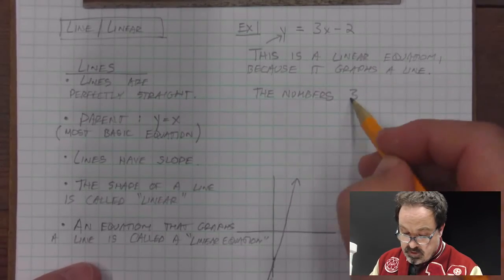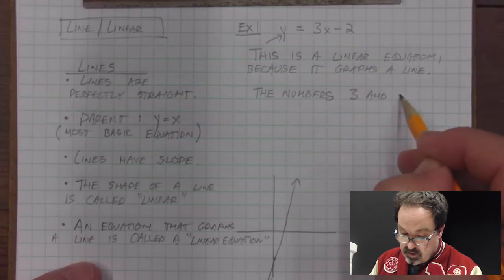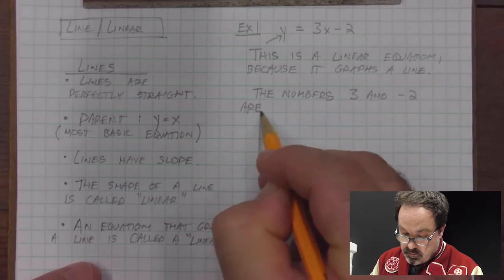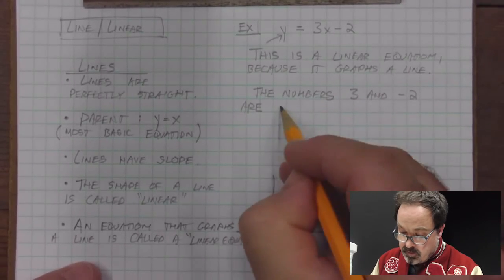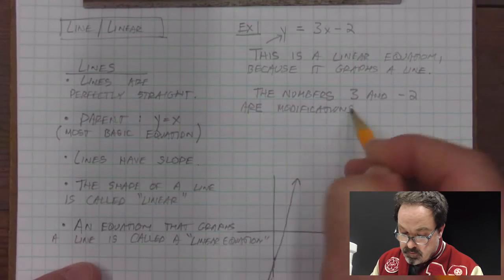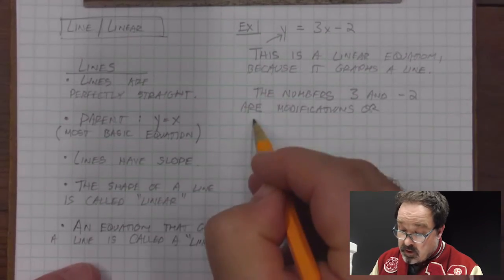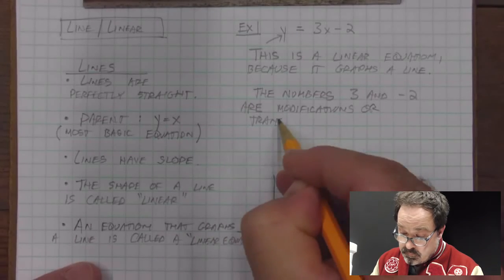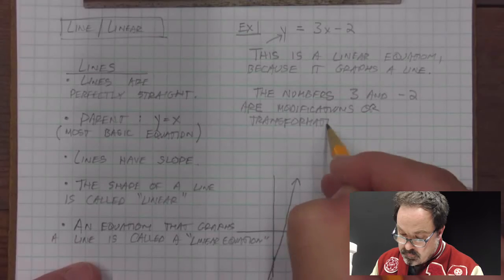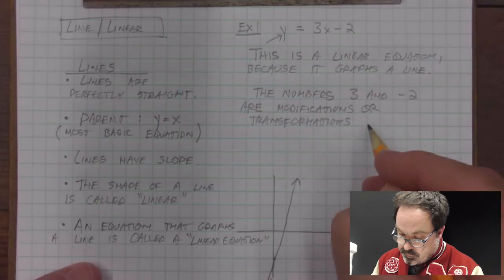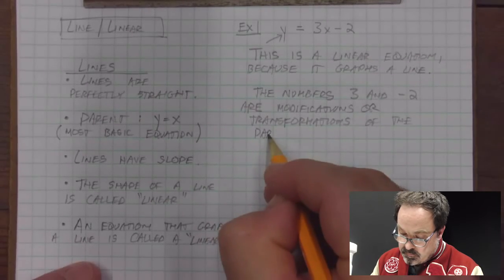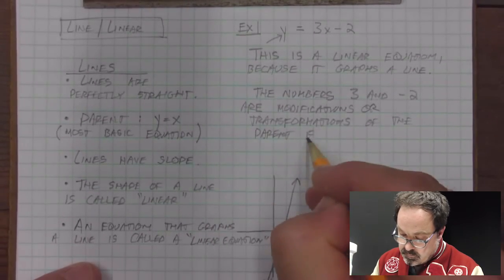The numbers 3 and negative 2, we can say are modifications or transformations of the parent equation.